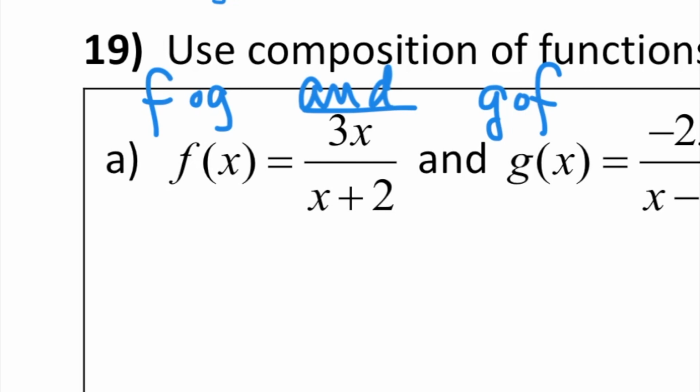Hint, that's what you should get for both of these problems, A and B, both f of g and g of f, because I'm telling you already that they're inverse functions. You just need to show me the algebra steps. Don't do it in your head and say, yeah, they're functions, obviously, I hope.